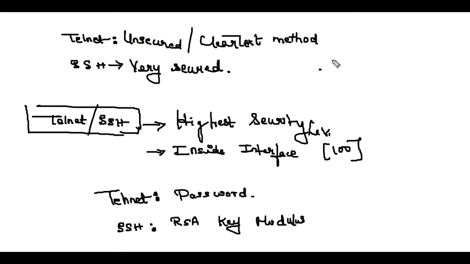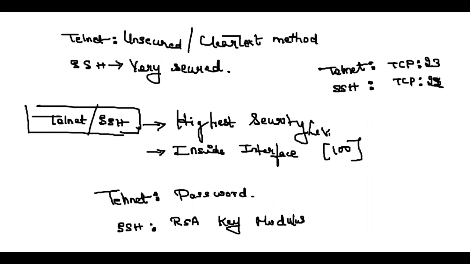The port number used by Telnet is TCP port 23, and for SSH, TCP port 22. Okay, so with this said, let's get started with the configuration of Telnet in Cisco ASA Firewall.